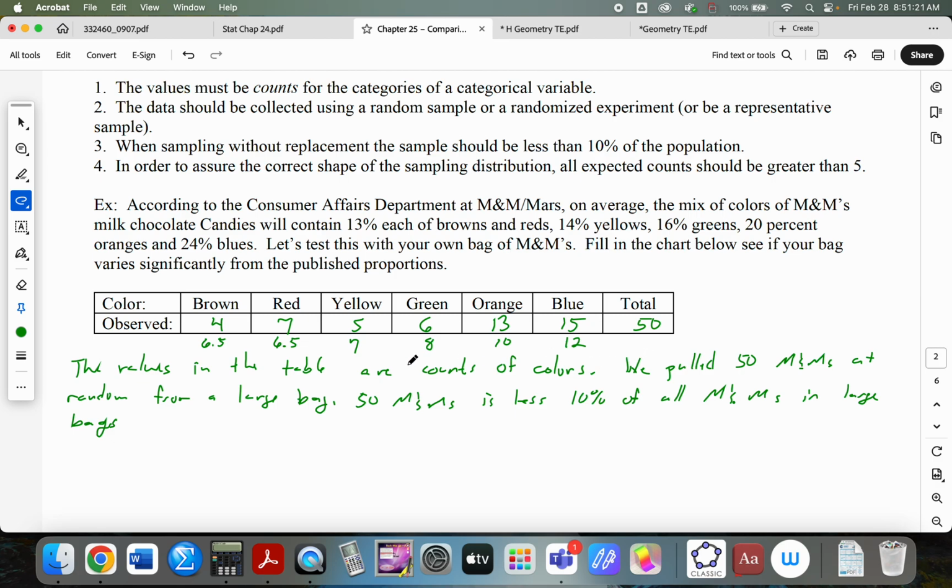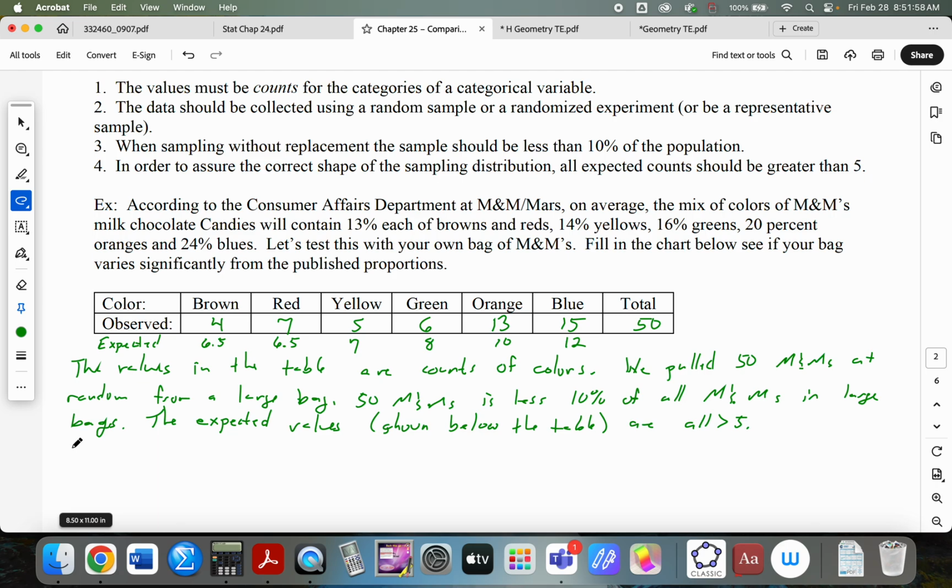I always make sure that my expected adds up to how many I have. So the expected values shown below the table are all greater than 5.